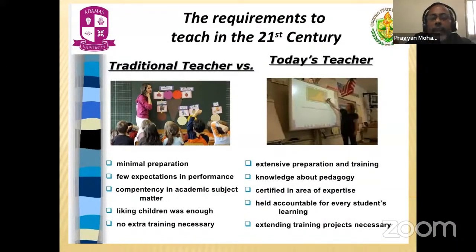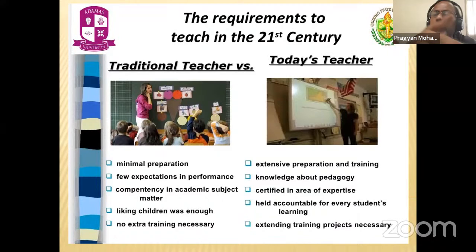Now, in case of the traditional curriculum, that means before the 21st century, the teacher was required to have minimum preparation. It was not necessary for the teacher to prepare themselves in a proper way, where they could share their ideas with the students and be able to give answers to the different questions generated in the minds of the students with respect to the particular thing that is taught.